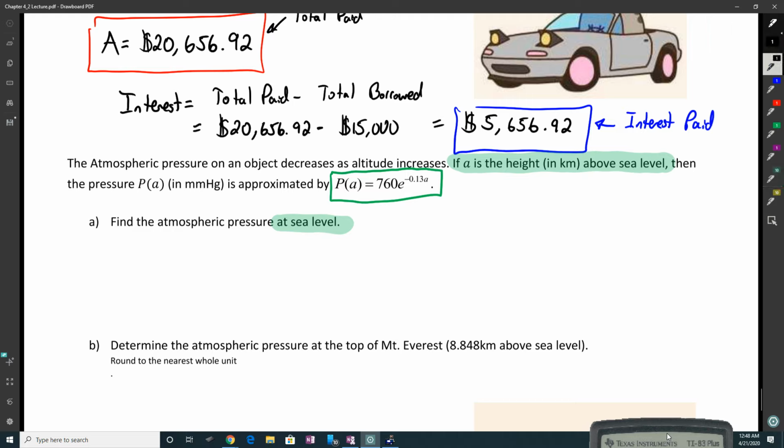So if we're at sea level, that means that A is equal to 0. So here they're just saying plug in 0. And when you plug that in, you just get 760. The units are mmHg. So that's it.